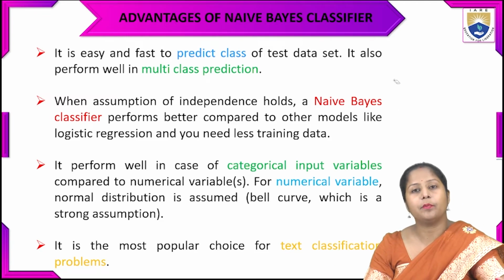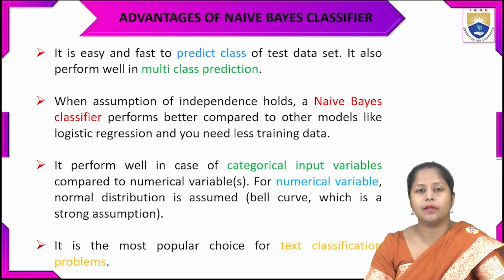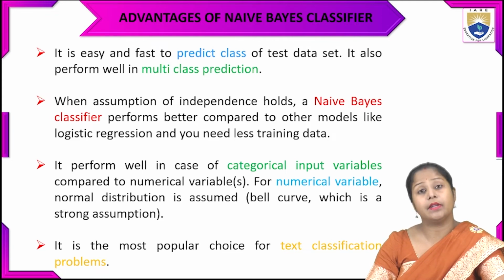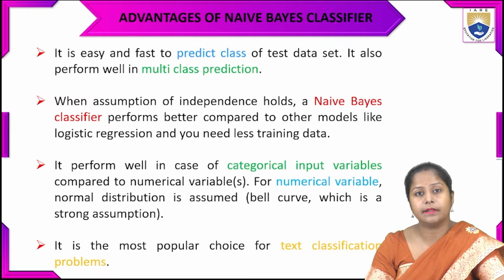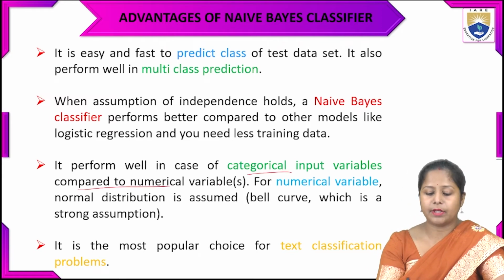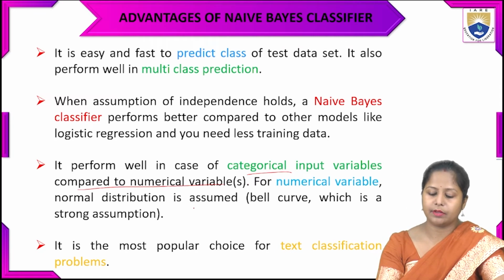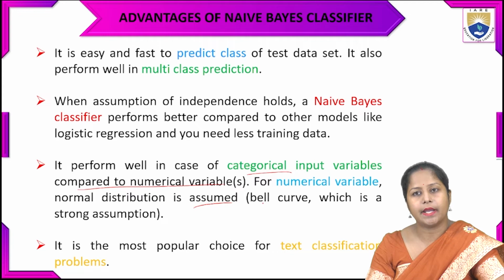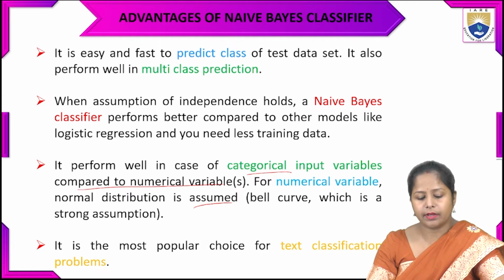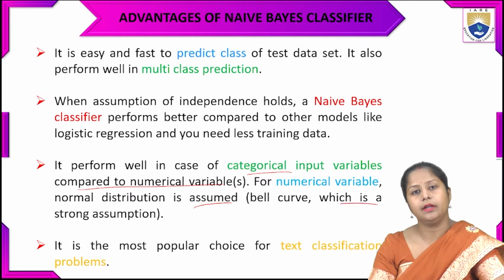So it is going to perform well in case of categorical input variables. If we are having categorical input variables, that is, categorical type of values, compared to numerical values, for which a normal distribution can be achieved, so a bell curve will be there, which is a strong assumption.